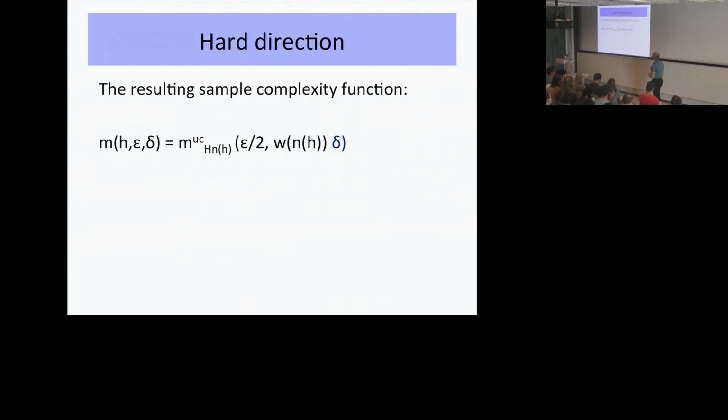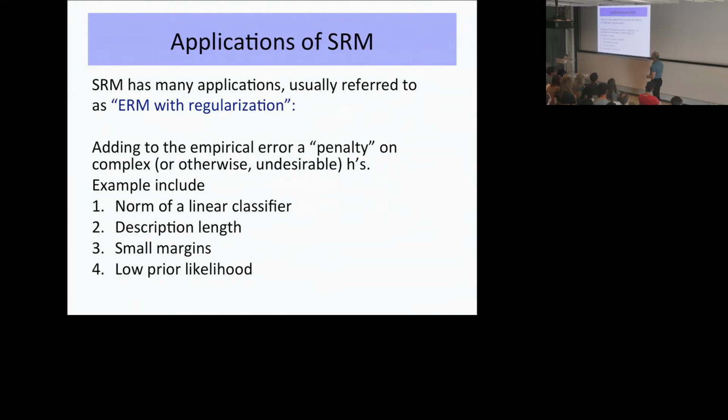So the resulting bound is that the number of examples that you need depends on your epsilon and the n from which your hypothesis came. And here are some examples of how we are going to do such decompositions and how we are going to determine the weights. So this is exactly the principle of regularization. We look at the empirical error and add the penalty.